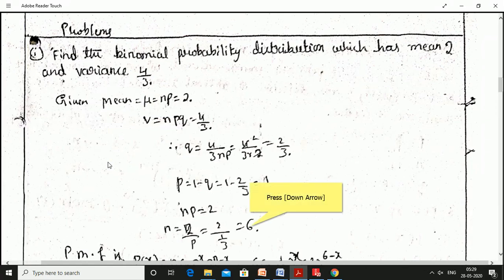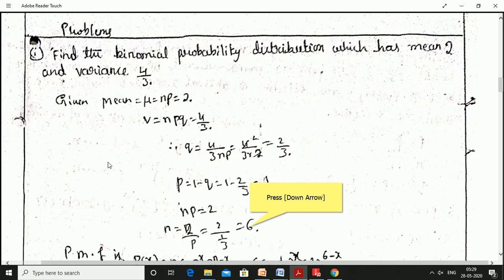Okay, first one: find the binomial probability distribution which has mean equal to 2 and variance equal to 4 by 3. We need to find the binomial probability distribution.